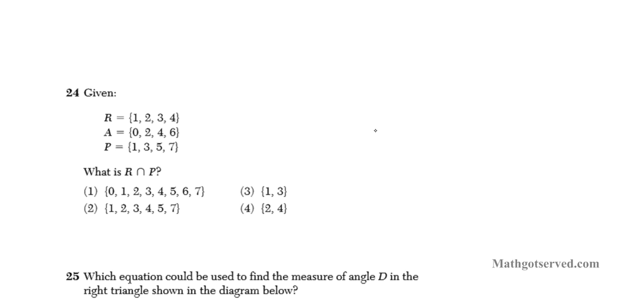All right, let's take a look at question number 24. It says, given R as 1, 2, 3, 4, A as 0, 2, 4, 6, and P equals 1, 3, 5, 7, what is R intersect P? Okay, intersection is basically all the elements in both sets, okay? Which one repeats in both of these sets?